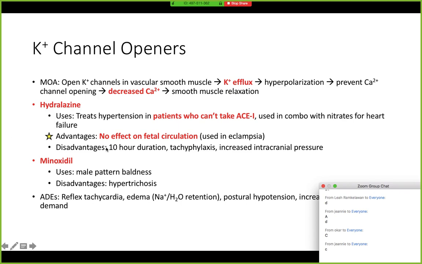But the big thing to know here is the fact that hydralazine has no effect on fetal circulation. So while it may be far from a first line to treat hypertension in most patients, it has the potential to be a really good choice for your pregnant female patients who are hypertensive, for example, in eclampsia, and aren't able to take drugs like ACE inhibitors.